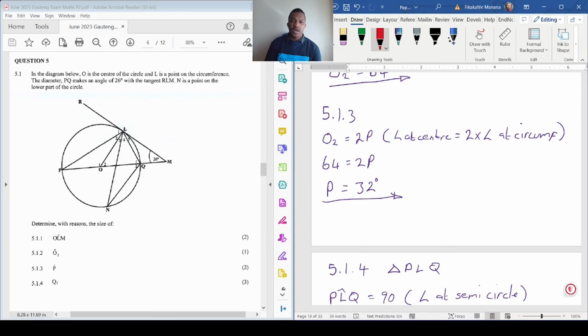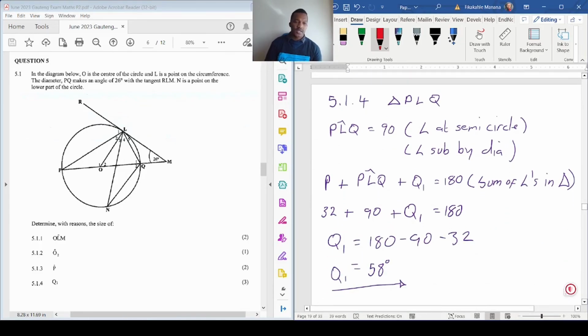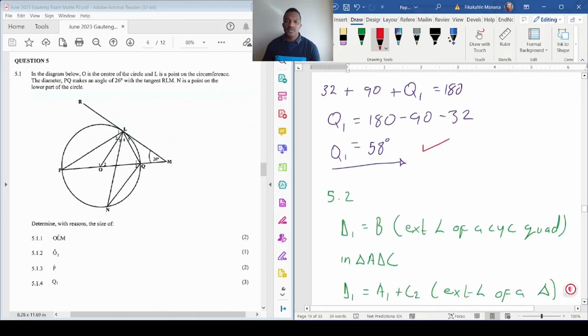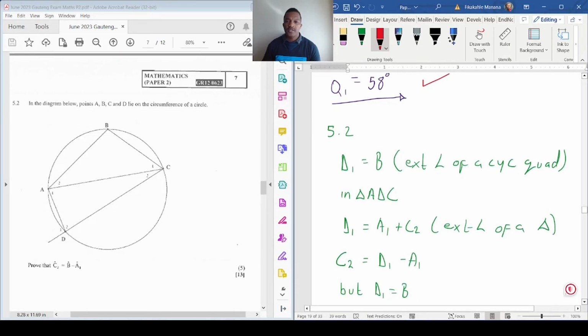5.3. It's 2 marks, so you get a mark for the answer and the reason as well. 5.1.4, it's out of 3 marks, so the first mark is yes, the answer and these reasons. Okay, so that's the 3 marks. 5.2, let's go to 5.2. 5.2 was 5 marks.